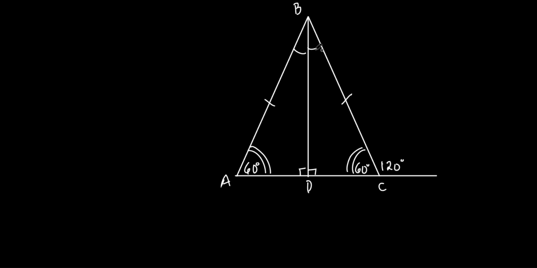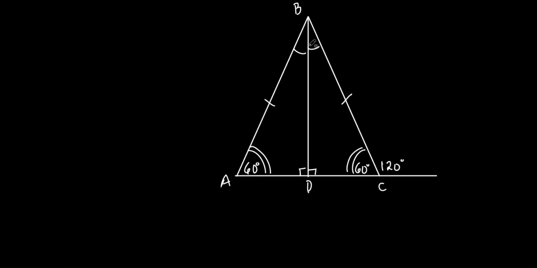If we want to find each individual one, if I wanted to find that whole big one, watch, this plus this equals what? 120. There's a couple ways you could look at it. But the way we've been doing with the exterior angle, let's look at this. See this big angle right here, the whole angle B, not the little skinny ones, but the whole angle B. This one plus 60 equals what? 120. So what do we do? What's the math? 120 minus 60. So this whole big angle is 60, right?